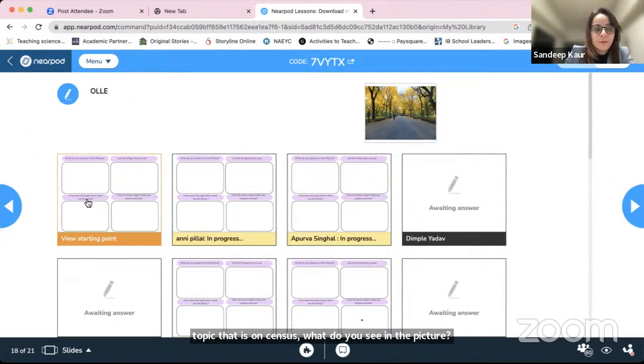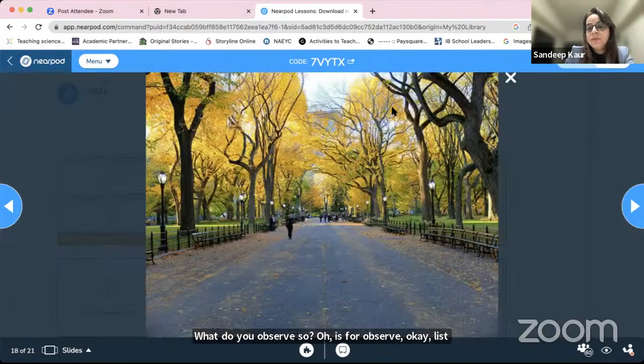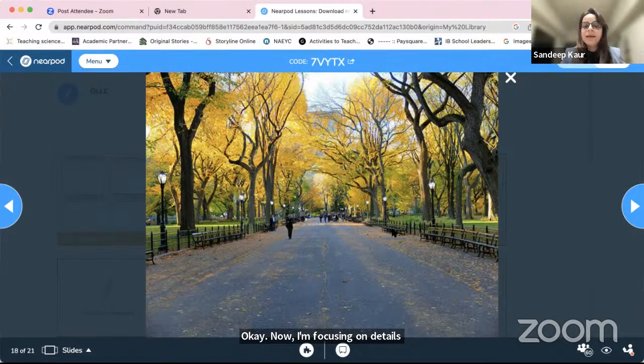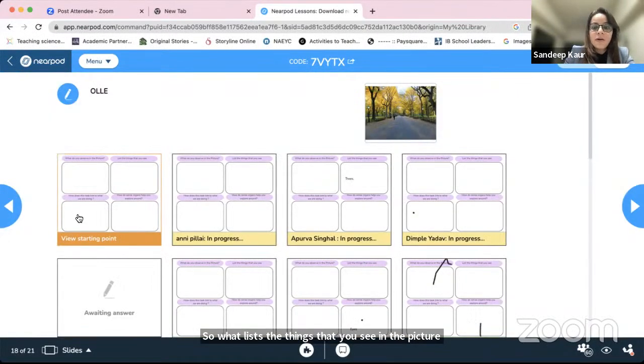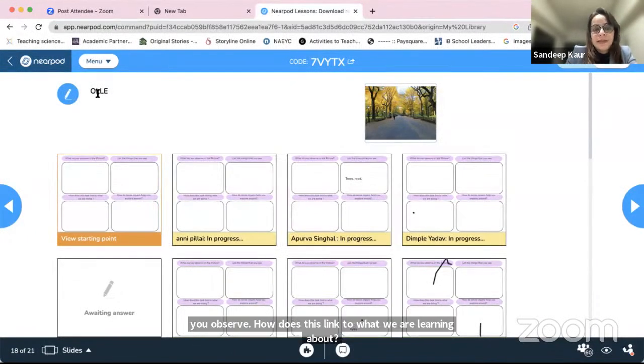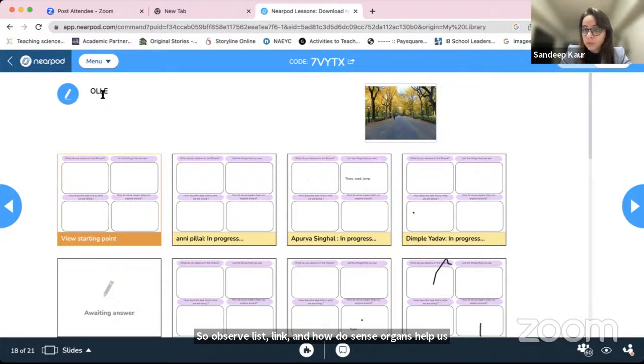So O is for observe. List the things that you see in the picture. Now I'm focusing on details for my students to look at. What do you observe? How does this link to what we are learning about? So observe, list, link, and how do sense organs help us to explore the world around?